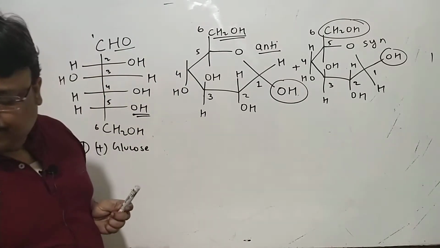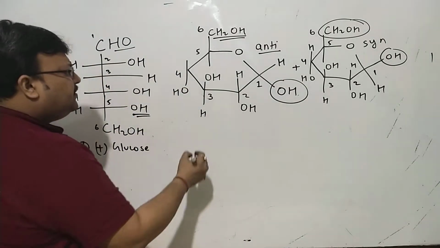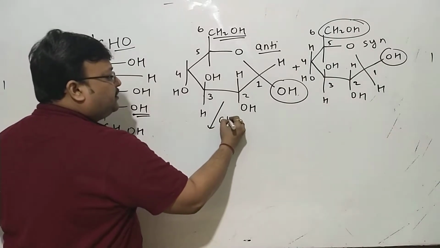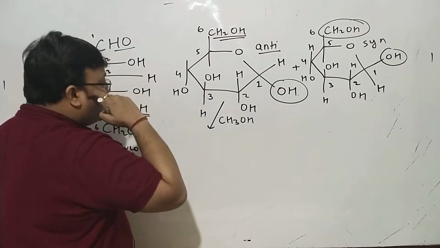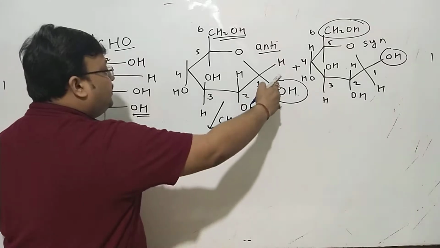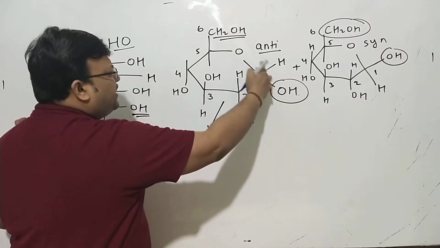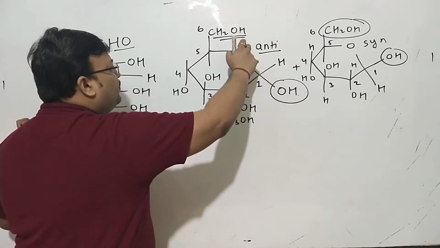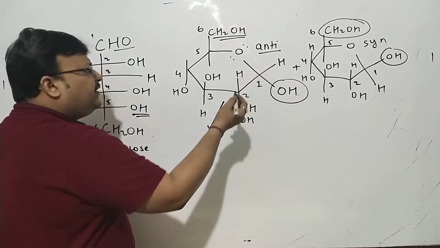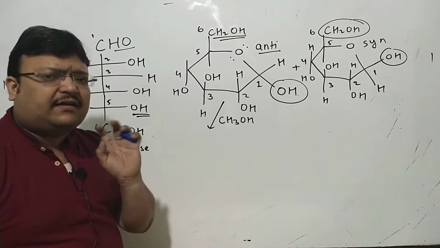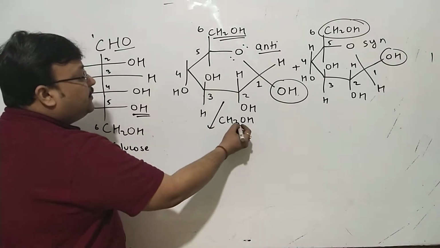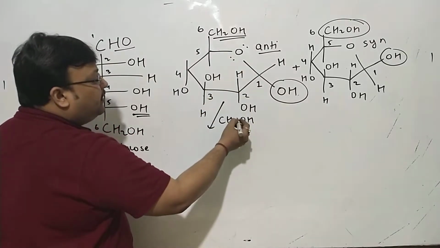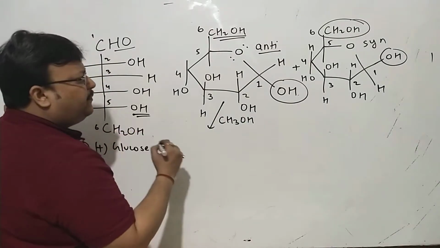What we do is, and we had done it in the past, when we treat it with CH3OH, I told you this carbon 1 OH will be getting methylated. Hemiacetal will become acetal. Carbon 1 OH is preferred because the positive charge here was getting stabilized by the lone pair. We went past all of that in the last video. So with 1 mole of CH3OH, hemiacetal will become an acetal, which is called a glucosidic bond.